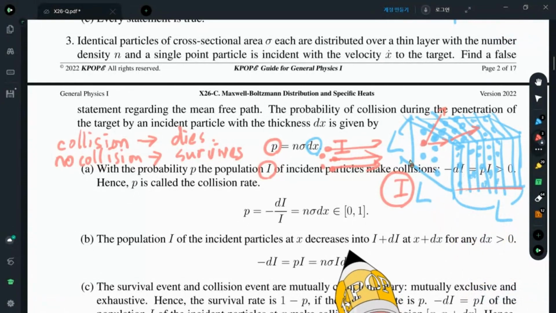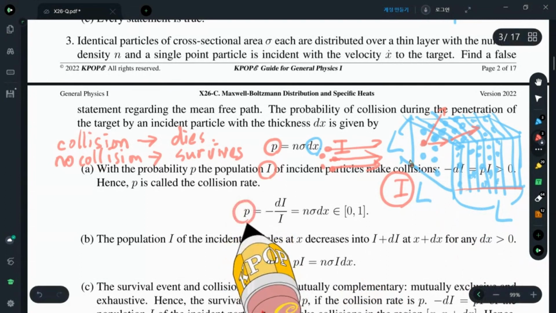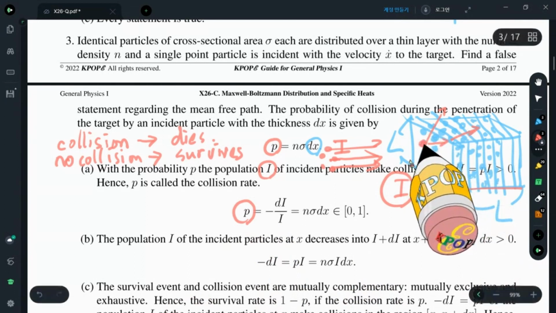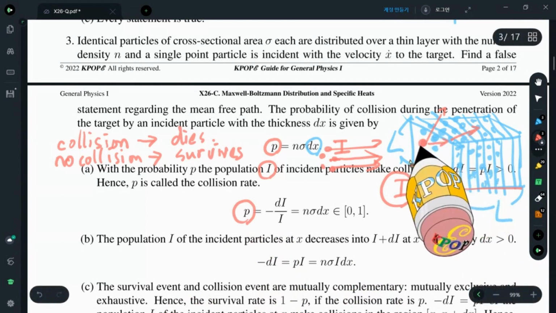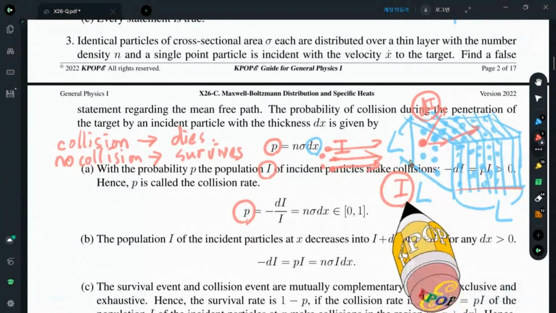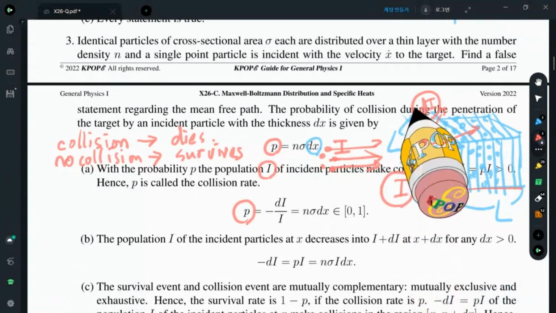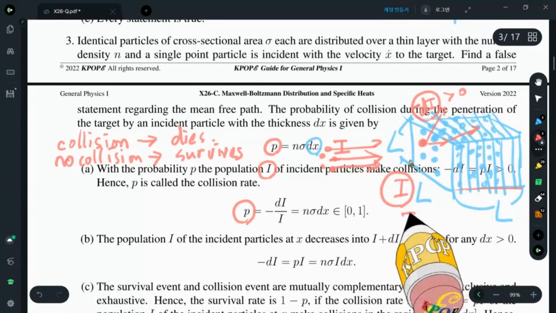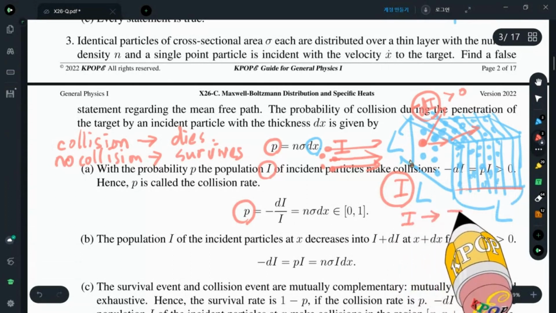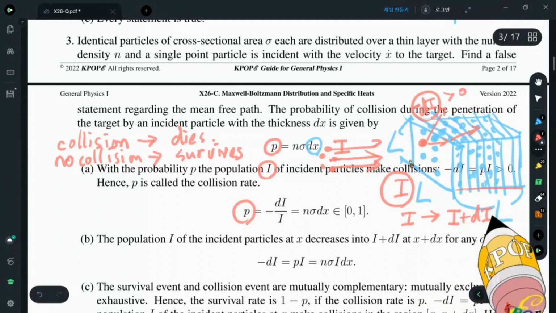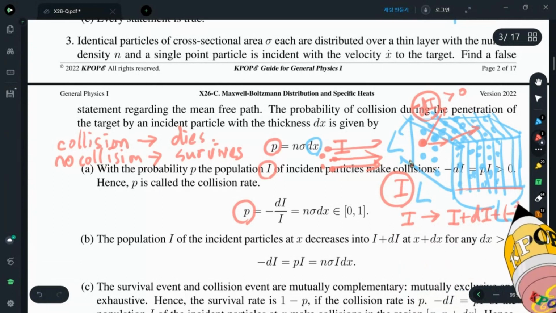Okay. So the probability of making a collision: when it makes a collision, the number dI decreases. So minus dI is positive. So I is divided into I plus dI and minus dI, and this is positive.